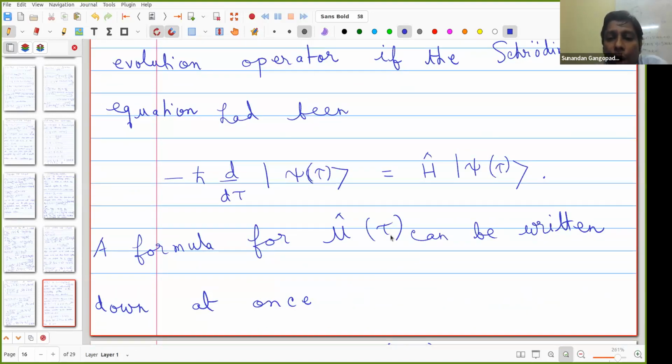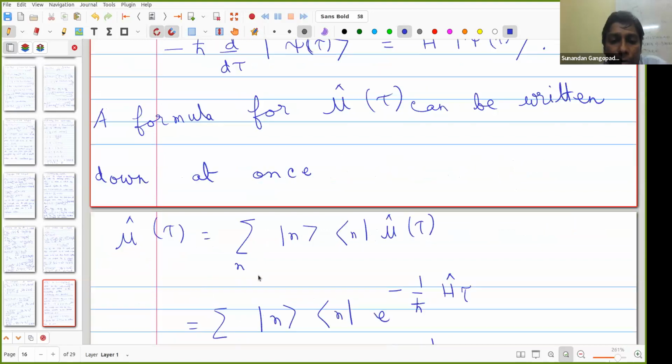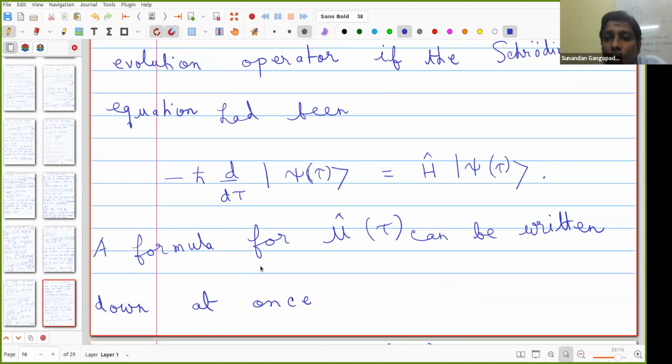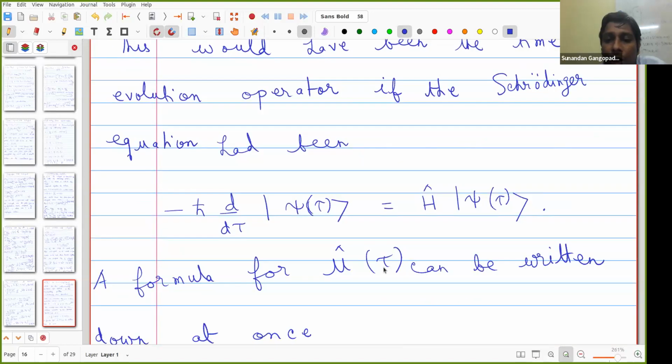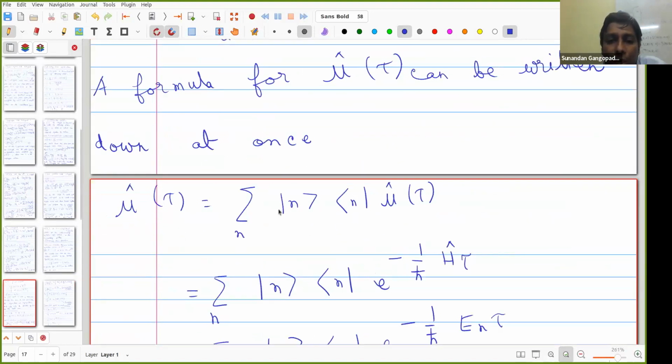A formula for U hat(tau) can be written down at once now. You still know that the eigenstates of this time independent Hamiltonian operator are kets |n>. So what you do is you just insert an identity operator here.